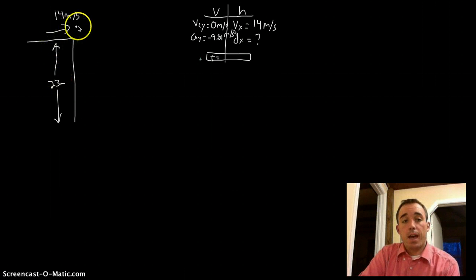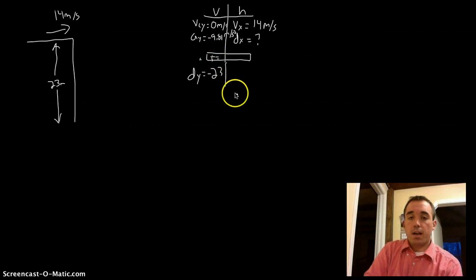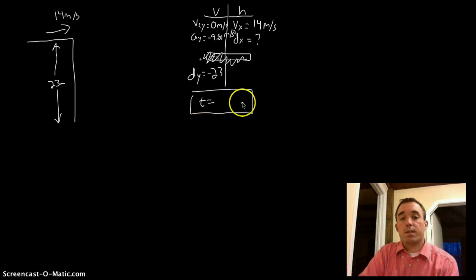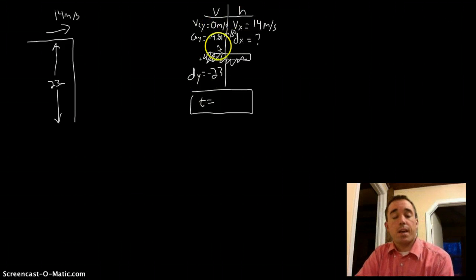But because the cow is falling downward and ending lower than where it starts, our dy is not just 23, it's negative 23. So we're going to have to find time, and I'll make a better, bigger time there, because time still crosses that bridge, allowing you to find horizontal and vertical.